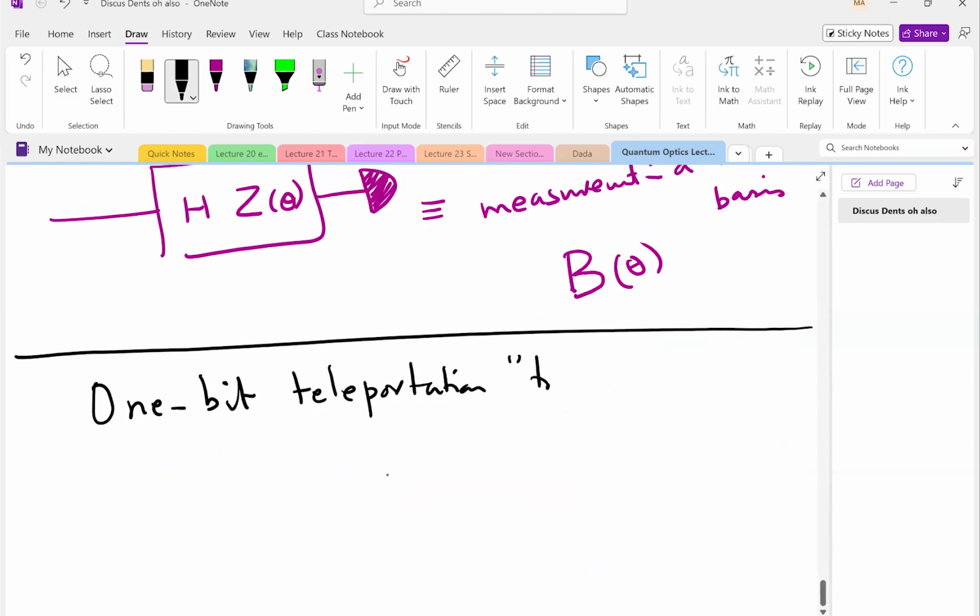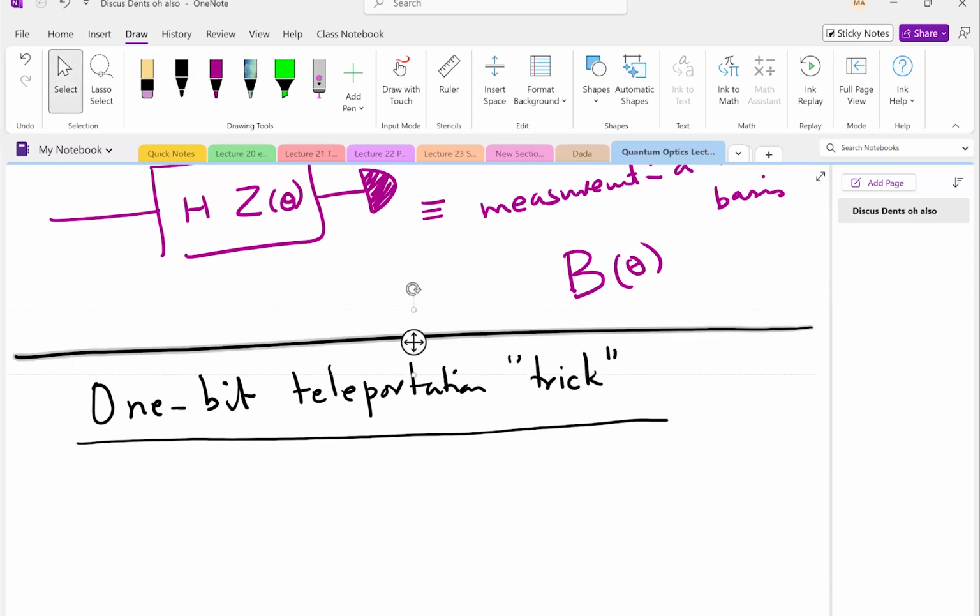This word trick has actually stuck to this paradigm, and this paradigm was proposed by Daniel Gottesman and Isaac Chuang. Chuang is the same author who with Mike Nielsen has written that famous compendium on quantum information and quantum computing. So what is the 1-bit teleportation trick?